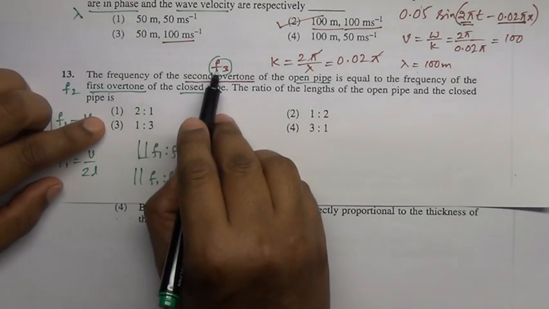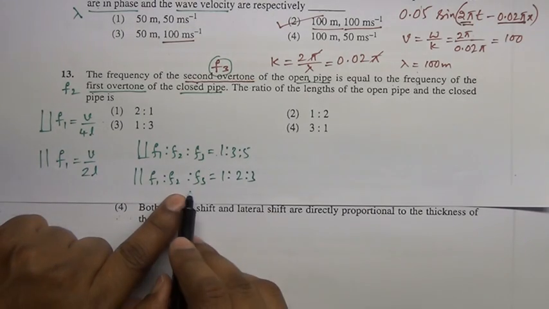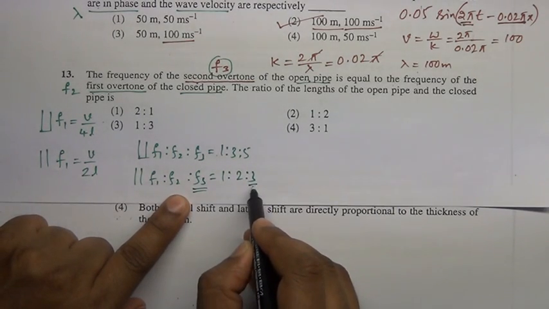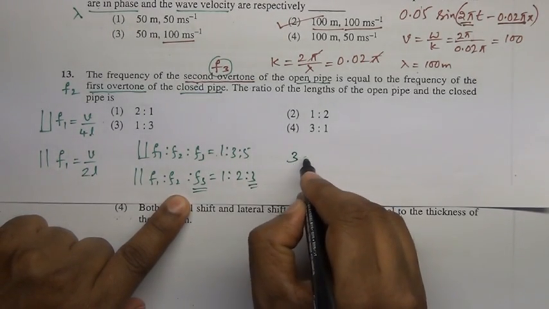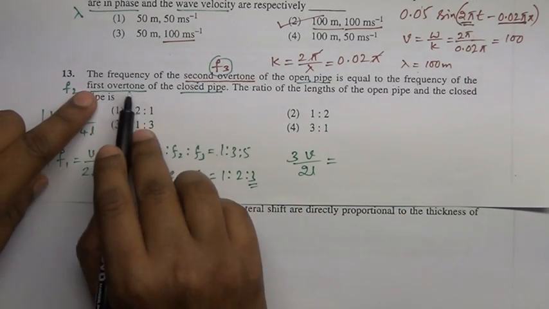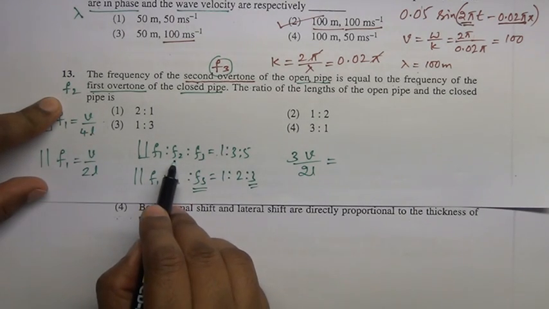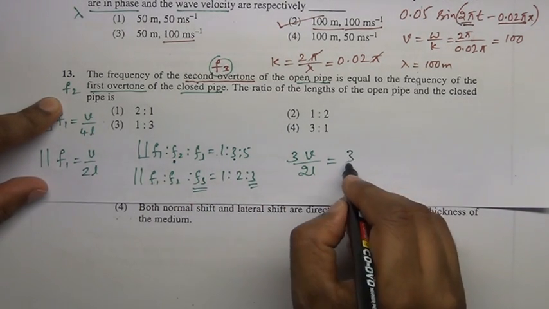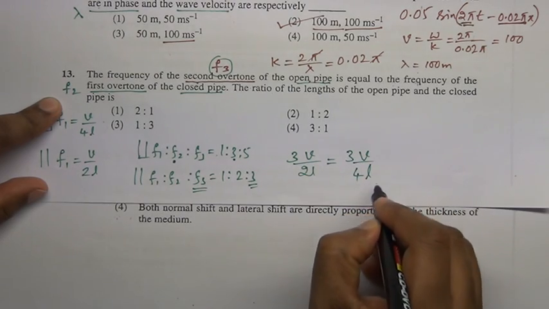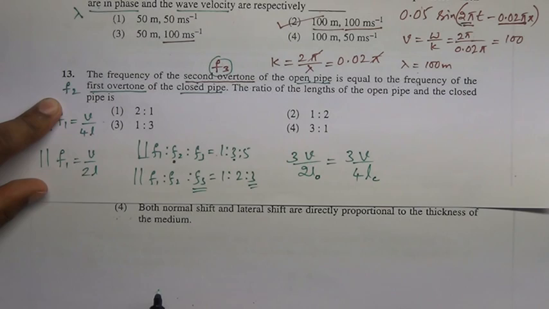Now, F3 of open pipe. This is open pipe. F3 is 3 times V by 2L, equal to first overtone of closed pipe. First overtone means F2, which is 3 times V by 4L.